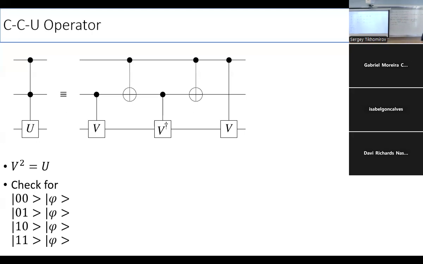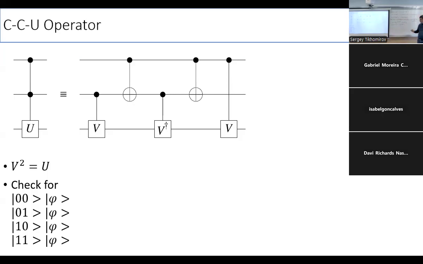So first we have a controlled V. Which qubit is controlling? It is 0. So nothing is changing. Second thing, we have a controlled not with the first qubit controlling.